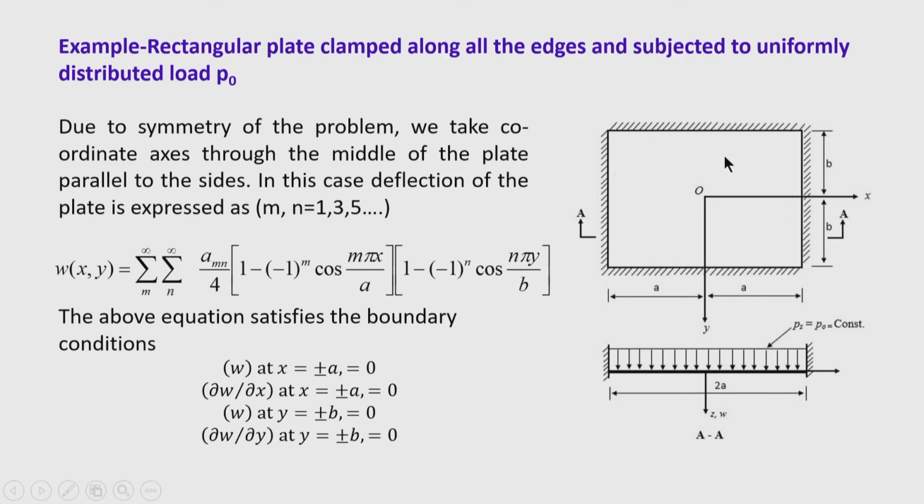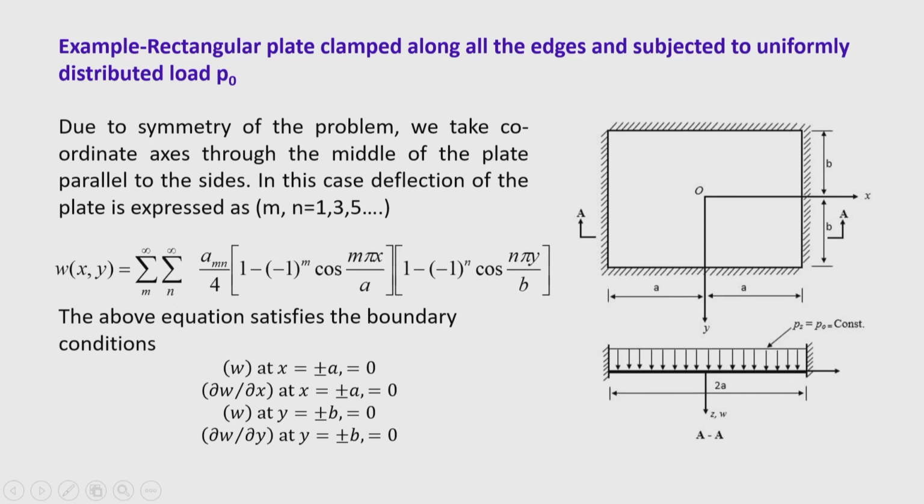Now, here you can see the origin is taken at the center of the plate, taking advantage of symmetry, but it is not necessary that one has to take the origin at the center of the plate. The origin can be taken at one of the corners also. Now, if I take a function w x y equal to a m n, where small a m n is a constant, and the 4 is taken just for convenience, there is no necessity of taking this 4.